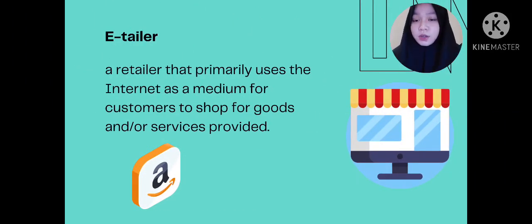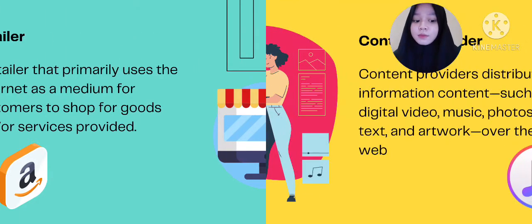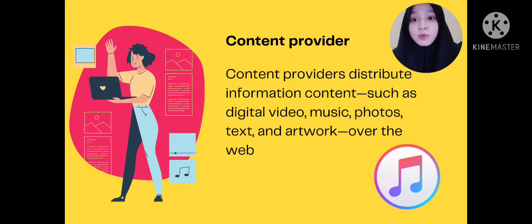Then we have e-tailer. An e-tailer is a retailer that primarily uses the internet as a medium for customers to shop for goods and or services. The value proposition of e-tailers is to provide convenient, low-cost shopping, 24/7, large selection, and consumer choices. For example, Amazon. Then we have content provider.